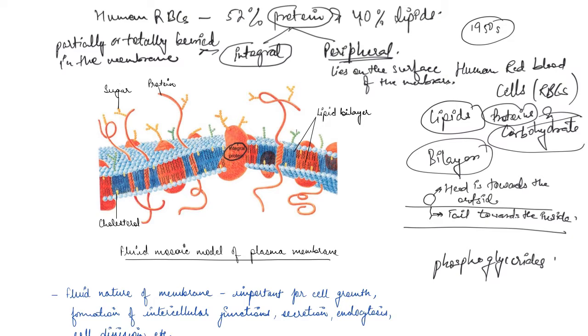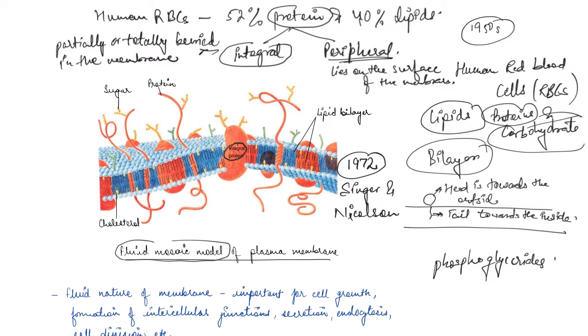If you see this structure, this is known as the fluid mosaic model. An improved model of the structure of the cell membrane was proposed in 1972 by Singer and Nicholson, and it was named the fluid mosaic model, right? According to this model, the nature of lipid is quasi-fluid.